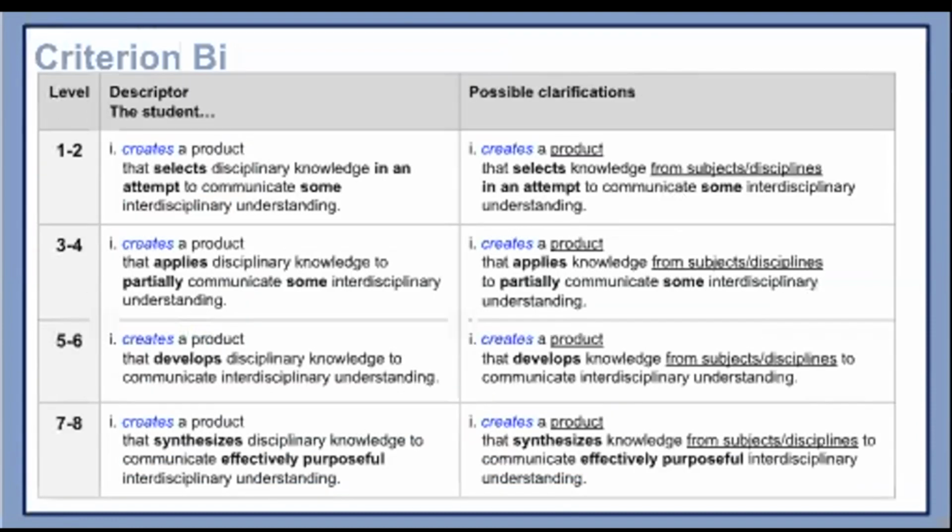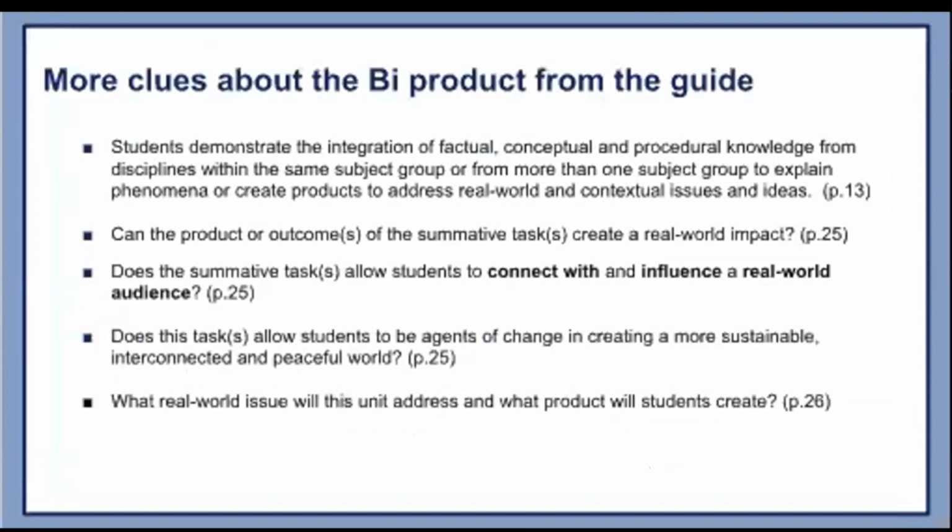Okay, so again, if students need additional support for the differentiator terms, the definitions provided in the guides could be included. In this case, the underlying word or phrase can be made unit or task specific. You're going to say what the subjects or disciplines are, right? You'll replace that. There's more clues within the guide about what that product or outcome is.